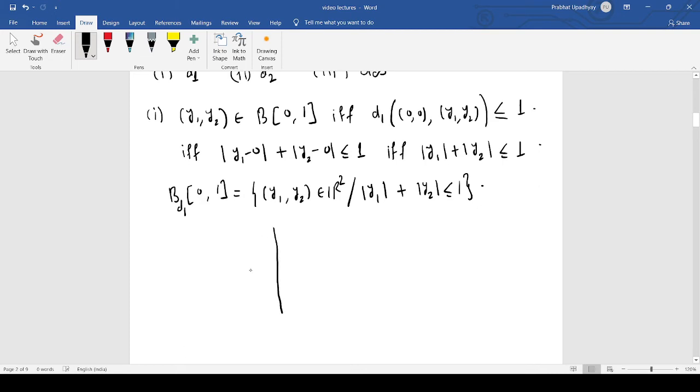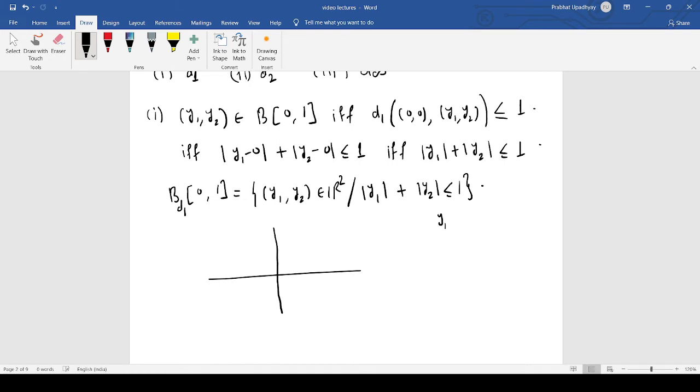Let's try to see it. We try to plot 4 lines. What are those 4 lines? Mod of y1 is y1 if y1 is positive and minus y1 if y1 is negative. Similarly, mod y2 is y2 if y2 is greater than 0 and minus y2 if y2 is less than 0.